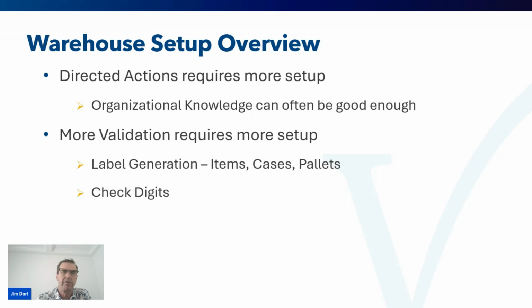Check digits are functionalities that can increase transaction integrity, but again, it requires more setup and it requires a greater level of transaction discipline in the organization, and you just have to find the right balance.